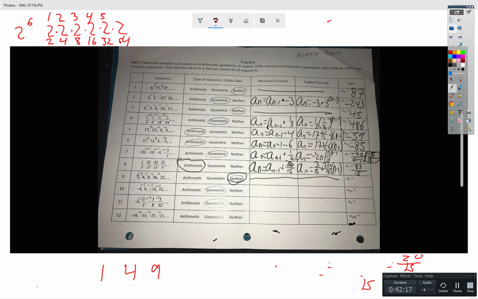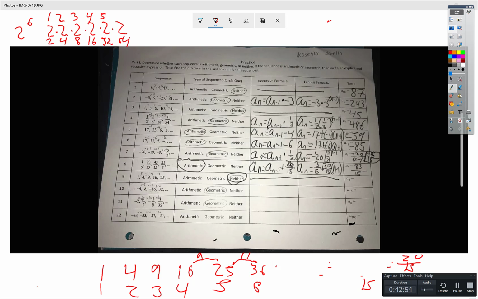So you're adding by 5 and then 7 instead of a constant. 9 plus 7 is 16. Good. Then 25. This is the first, the second, the third, the fourth, the fifth term. We're looking for the ninth term. 16 plus 9 is 25. So next time we're adding 11. So 25 plus 11 is going to be 36.